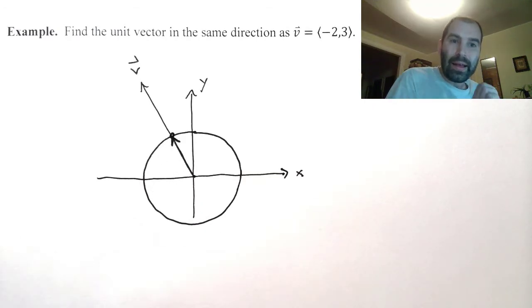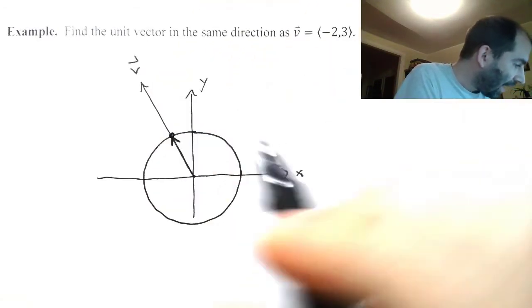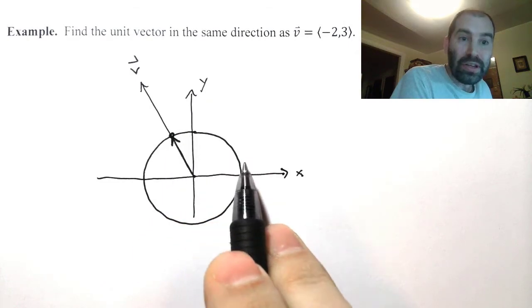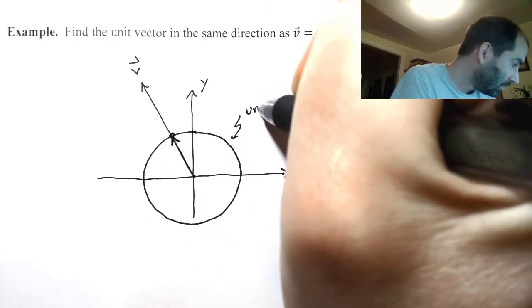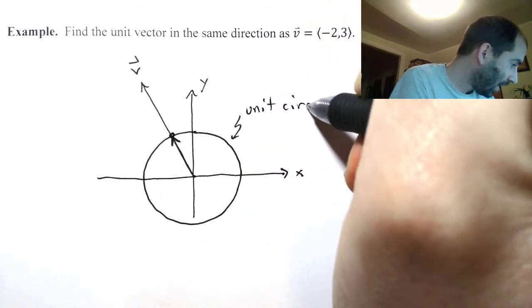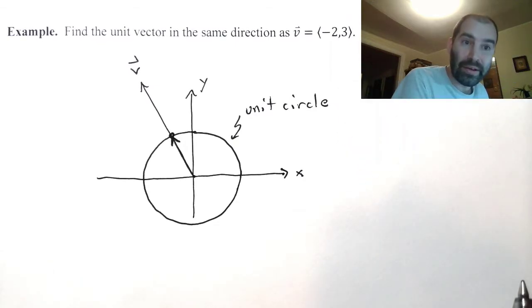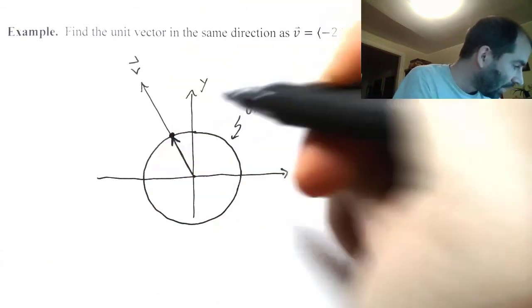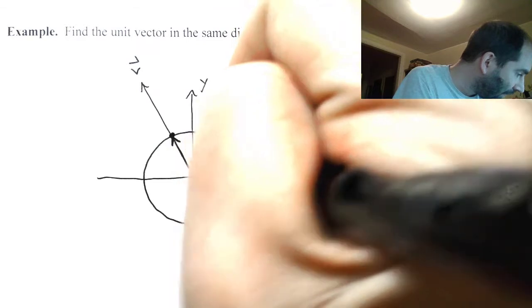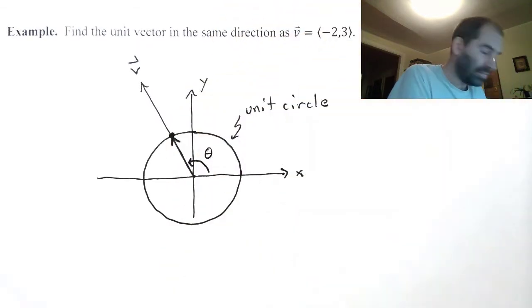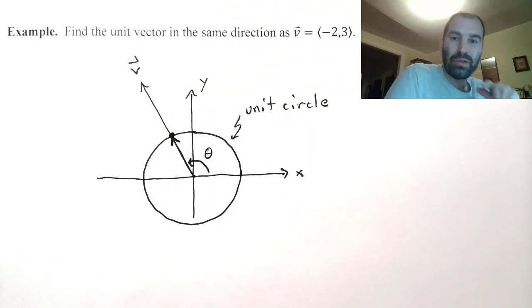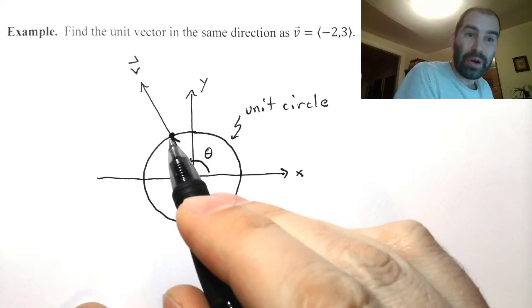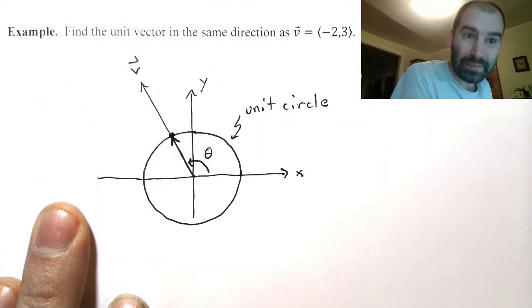Well, here's the trick. I know that any point on the unit circle of radius 1 is determined by this angle. You should remember this from trig. The coordinates of this point are, pause the video and think about it.